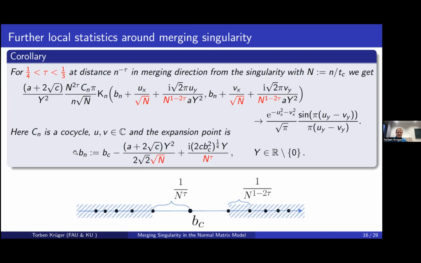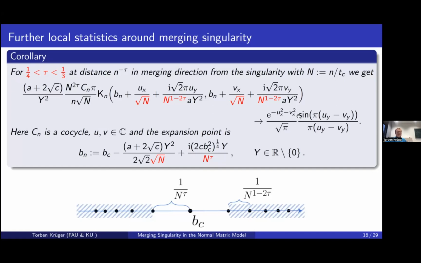So this b_n is this point, which I fix at a distance 1/n^τ away from the critical point. And then around that point, in the x direction, I'm choosing a distance 1/√n. And in the y direction, I'm choosing 1/n^(1−2τ) as the spacing distance. And then I will see also the sine kernel appear in this situation.